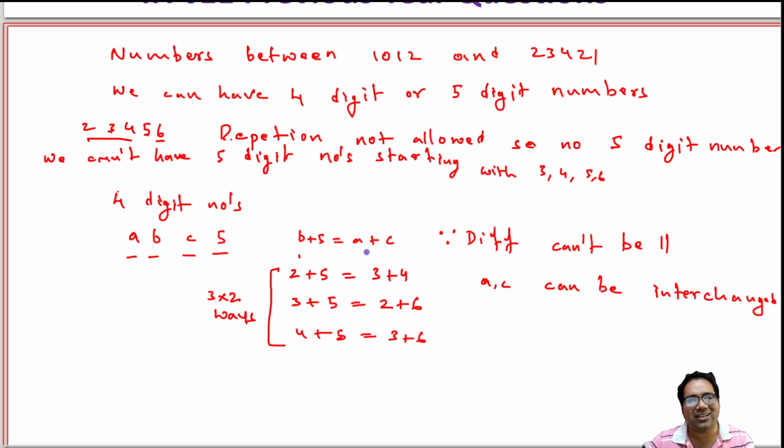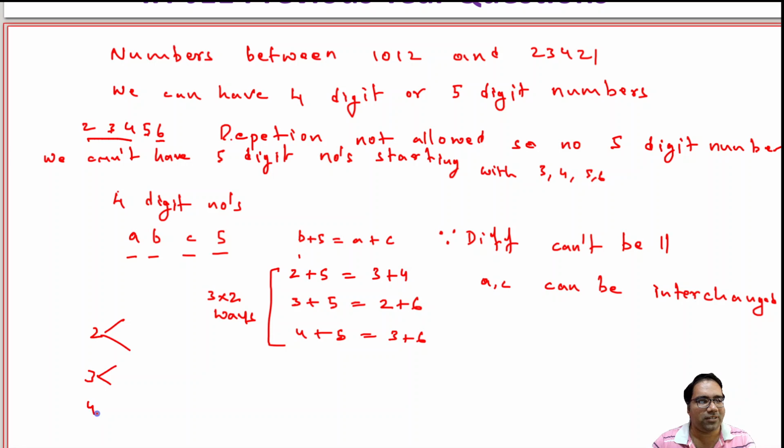In each case, you can put A as 3 and C as 4, or A as 4 and C as 3. A and C can be interchanged: 3, 4, 4, 3, 2, 6, 6, 2 and 3, 6, 6, 3. So in total we have 3 into 2, which is 6 cases. 5 is fixed, and B as 2 gives 2 ways of A and C, B as 3 gives another 2, and B as 4 gives another 2.